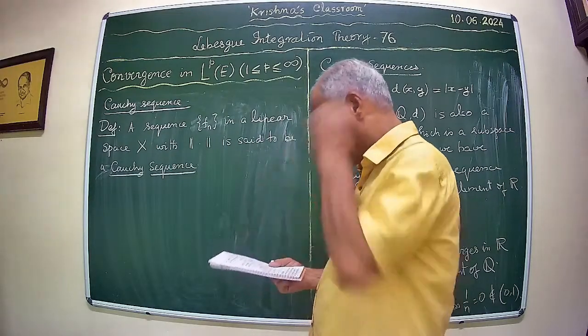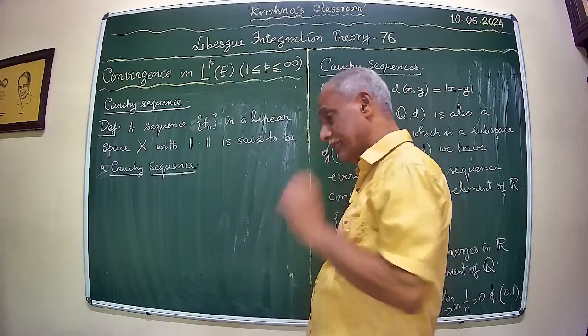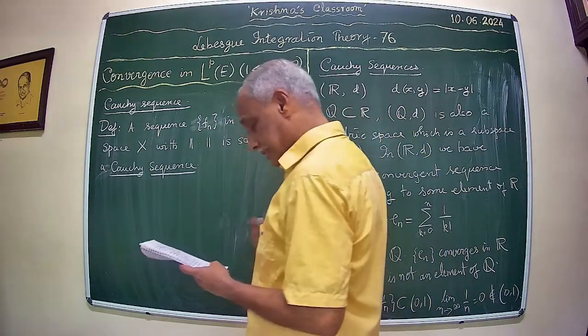The essential property for convergence is there, but unfortunately the limit does not exist in the space in some cases.